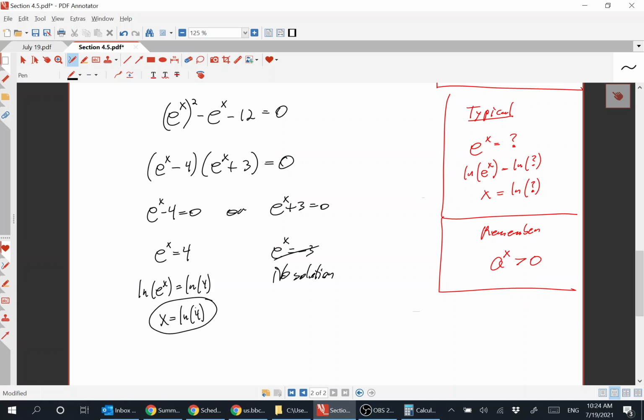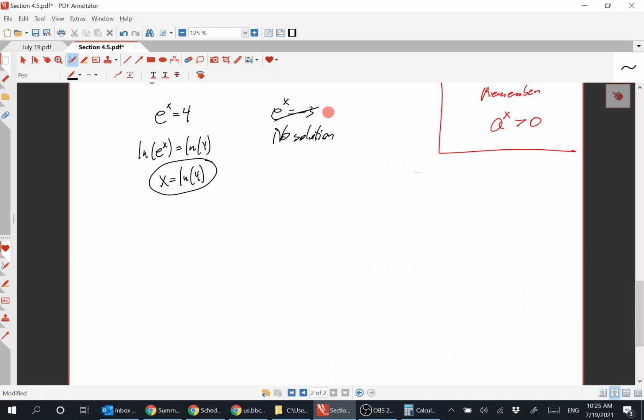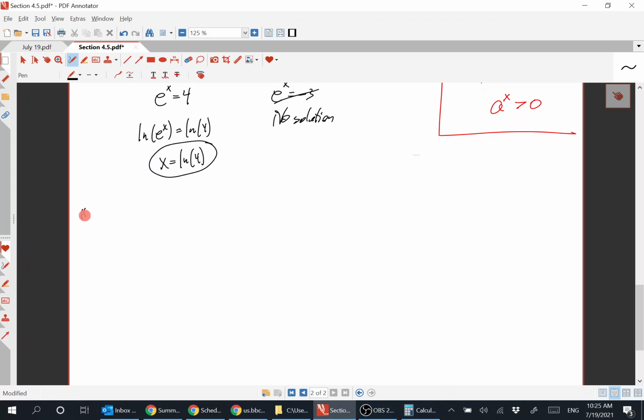There should probably be some in the text that are like that. Let's look at 27. So number 27 in the book, it doesn't use e.